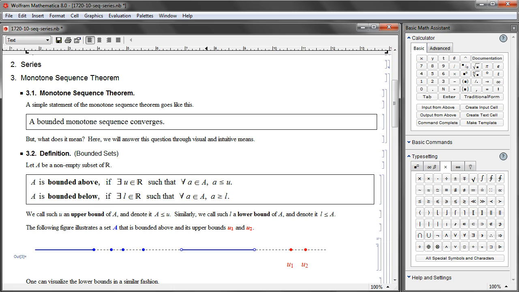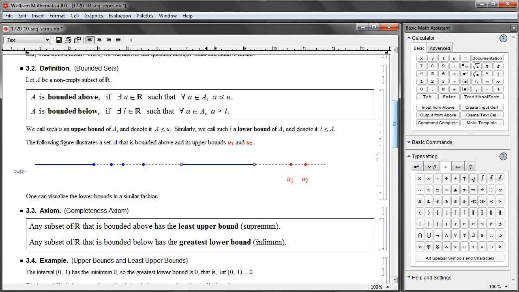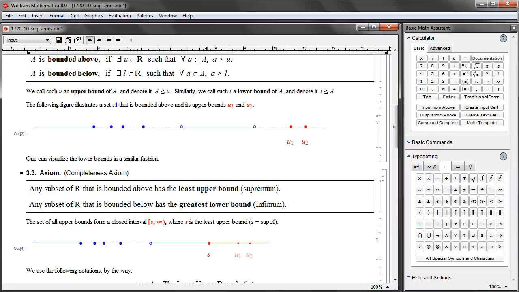Any point in the right-hand side, like u1 and u2, is going to be an upper bound. We have two upper bounds here, but of course there are infinitely many more. Now, among those infinitely many upper bounds, we have one particular upper bound that is most interesting, the smallest one. And here's a visualization of that. We are looking at the same set.